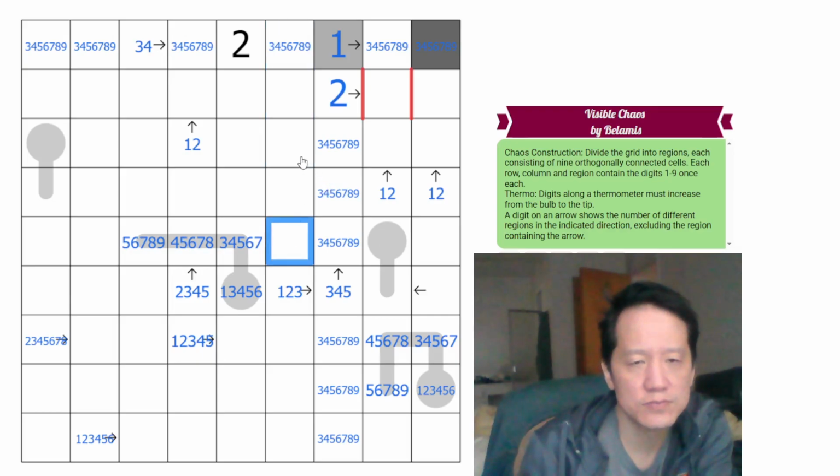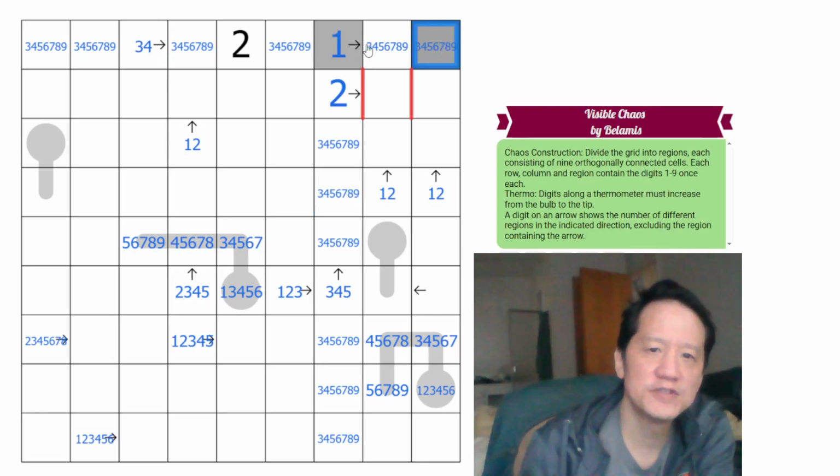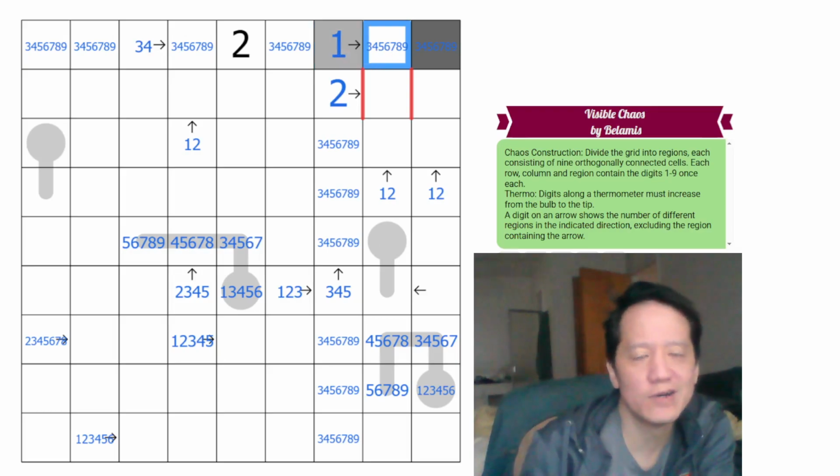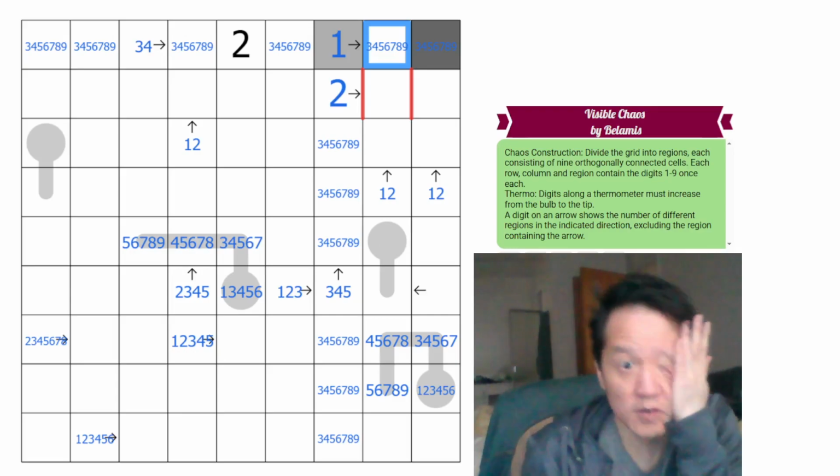Hmm. This doesn't count its own region. If this is part of this region, so this is, well, it could be 3 regions actually.